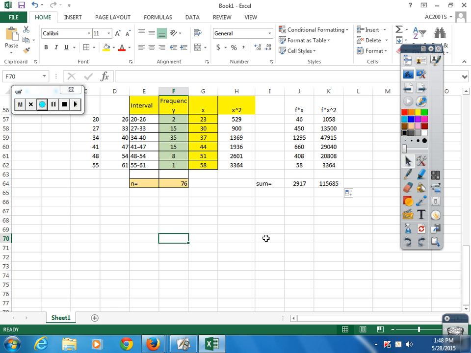So the standard deviation is equal to n times this number, f times x squared, minus this number raised to the what? Power. All divided by n times what?